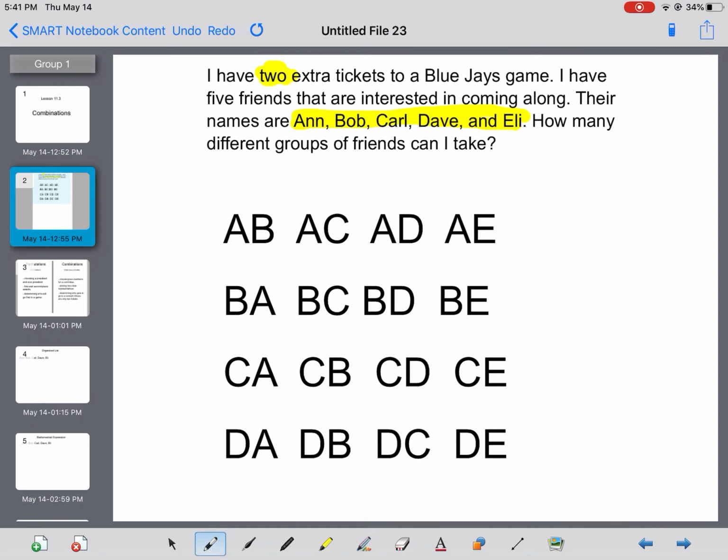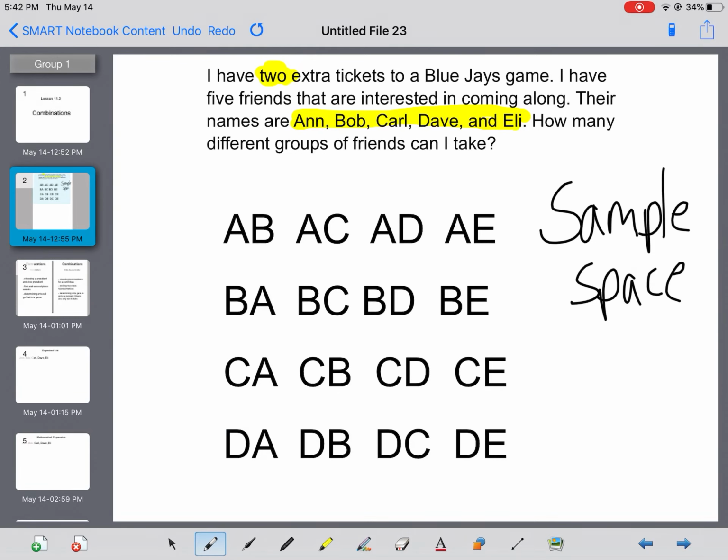So what I've actually done here is I've created what we learned to be a sample space, where I've written down all the different groupings or arrangements of my friends. Notice that I conveniently made it so I had the letters A, B, C, D, and E for each of the names of my friends. So here I'm taking Anne and Bob.